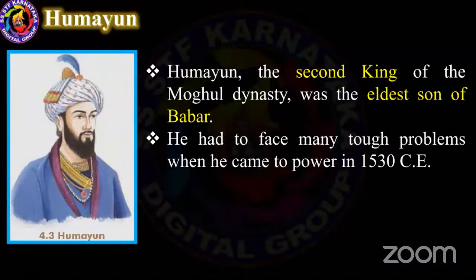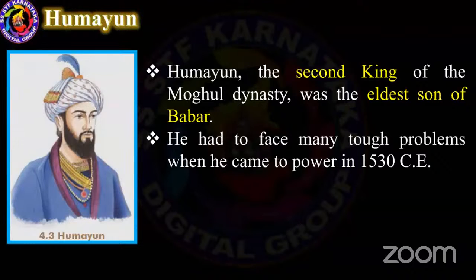Humayun, the second king of the Mughal dynasty, was the eldest son of Babur. He had to face many tough problems when he came to power in 1530.